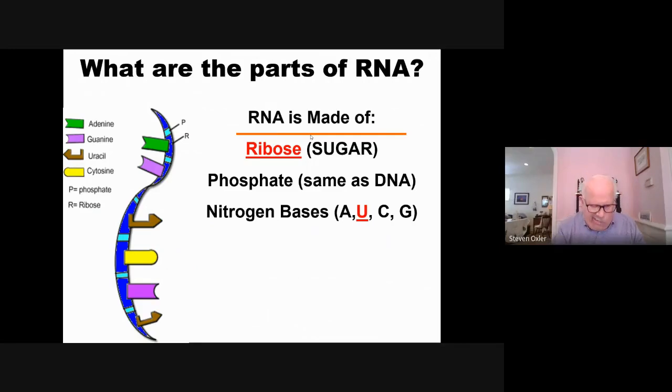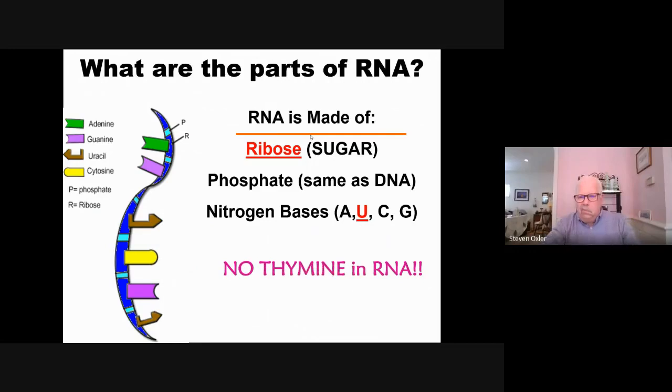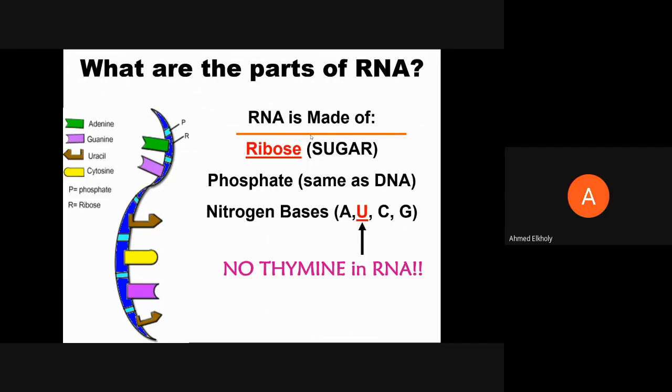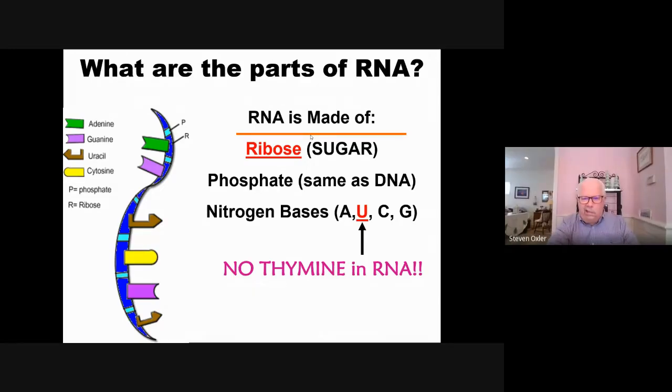So now instead of AT, you have AU. There is no thymine in RNA. It is uracil. So uracil replaces thymine? Correct. So instead of AT in RNA, it's AU. But it's always CG.